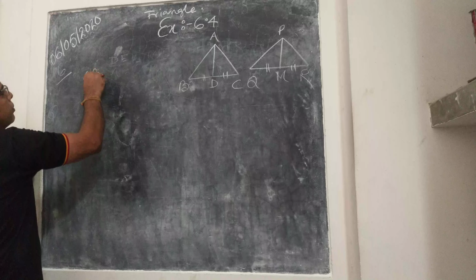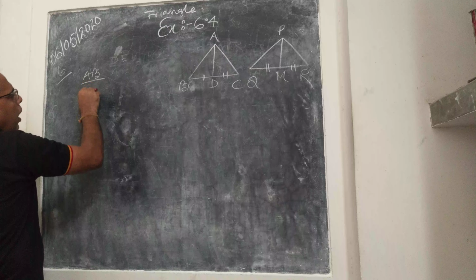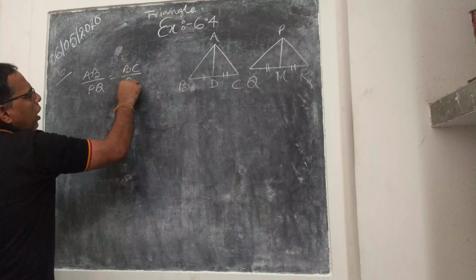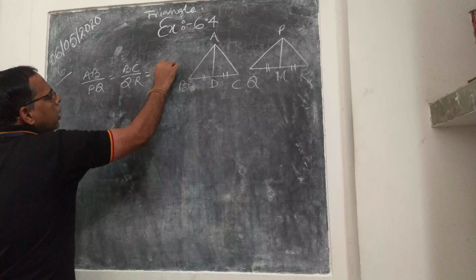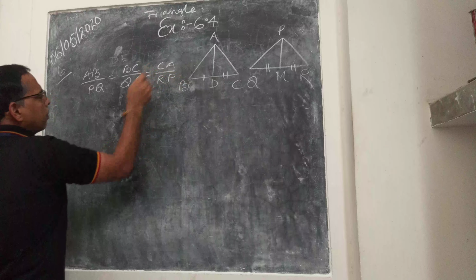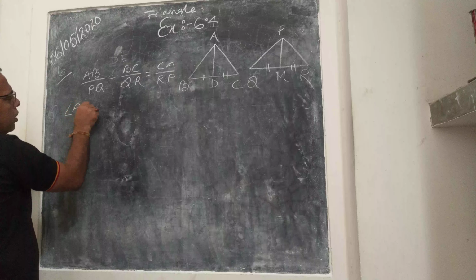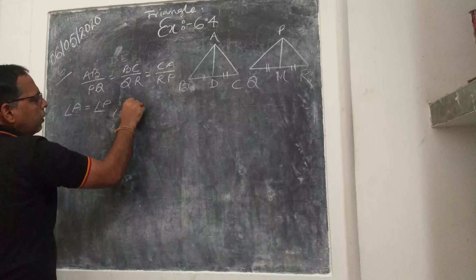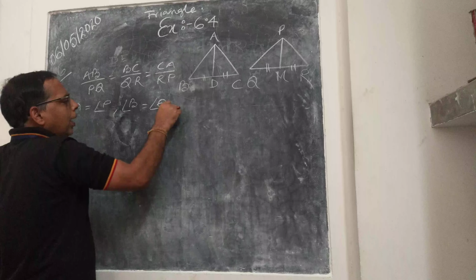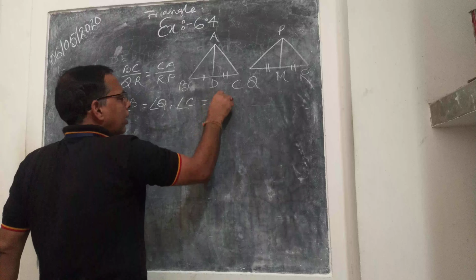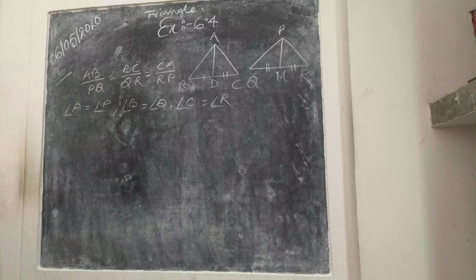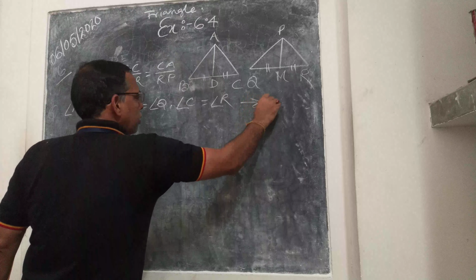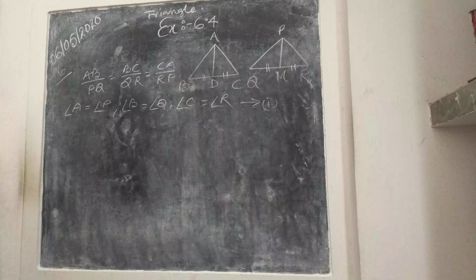AB by PQ equal to BC by QR equal to CA by RP, and angle A equal to angle P, angle B equal to angle Q, and angle C equal to angle R. This thing we got. This one is equation number 1, and the other part will be that.